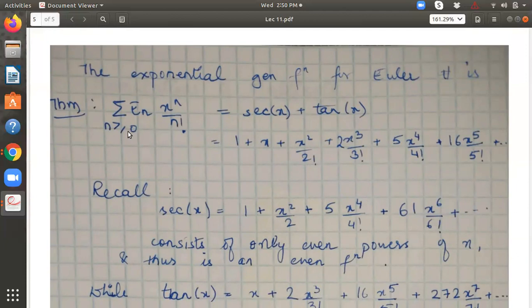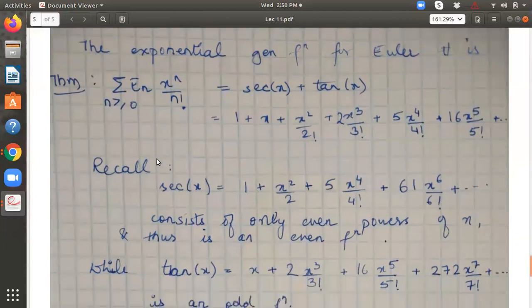You know this. A few lectures back, we saw some Taylor series expansions, some famous and some not so famous. One of them was sec x also. Just to recall, sec x is 1 plus x squared by 2 plus 5x^4 by 4 factorial plus 61x^6 by 6 factorial and so on.